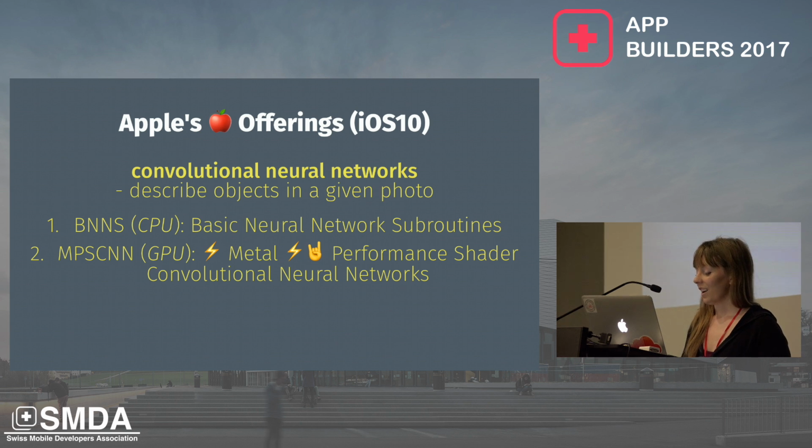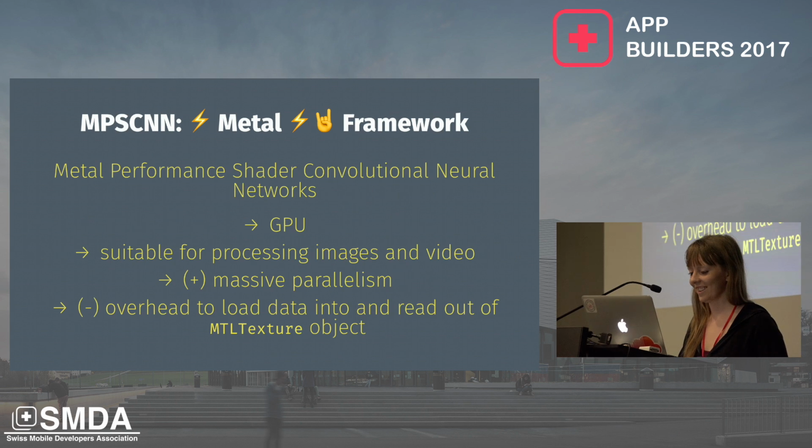The 2 different APIs are kind of a mouthful. The first one is BNNS, Basic Neural Network Subroutines. This utilizes the CPU. And then there's the Metal Performance Shader Convolutional Neural Networks, MPSCNN for short, and that utilizes the GPU. I'm just going to say the Metal Framework from now on, because it would take so much time to say the full title.